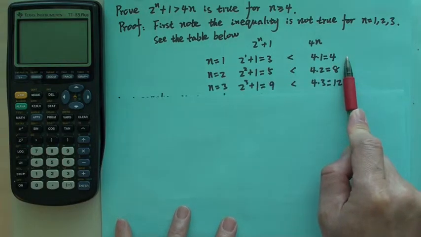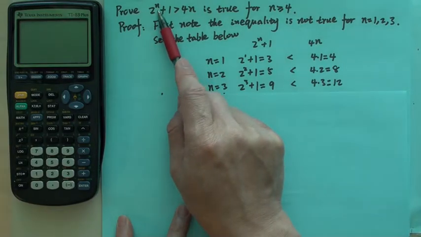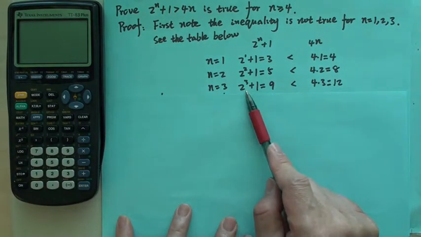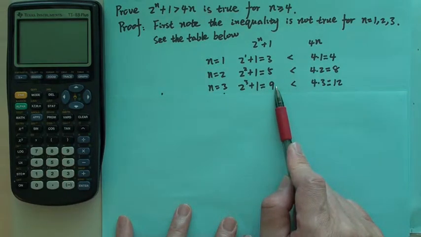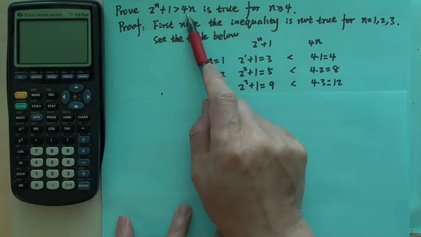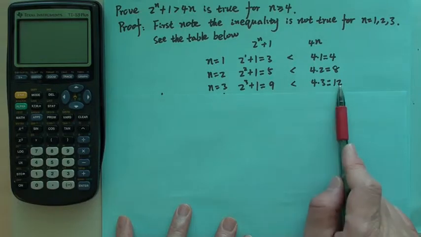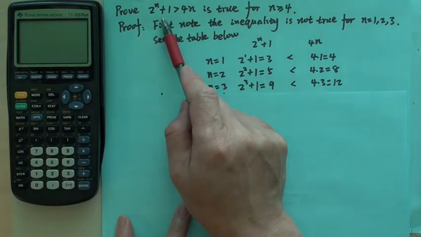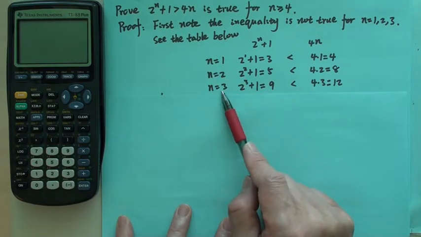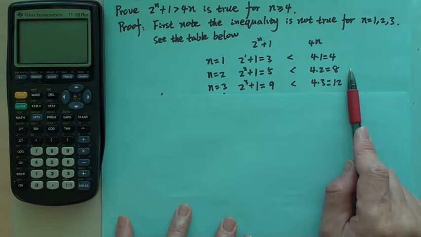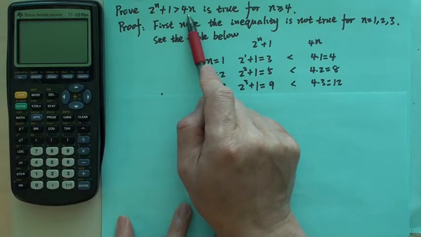Similarly, when n equals 3, that's 2 cubed plus 1. 2 cubed is 8, plus 1 is 9. The right-hand side is 4 times 3, which is 12. 9 is less than 12, so the left-hand side is not greater than the right-hand side when n is 3. So for n equals 1 to 3, this inequality is not true.